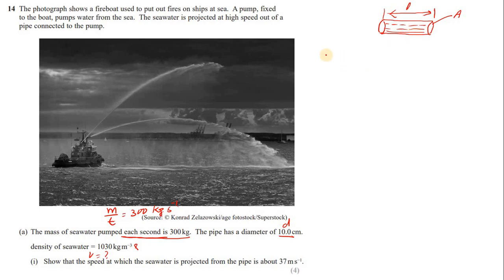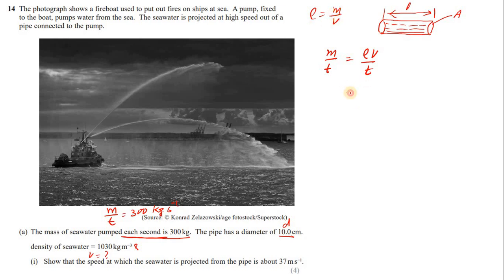So watch carefully. You know that m upon t equals, this m is the mass, and mass you can write as density times volume upon t, because mass is equal to density into volume. Density is mass divided by volume, so m is equal to rho into v.